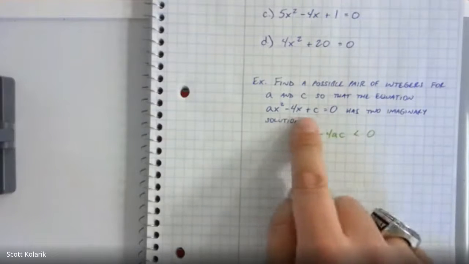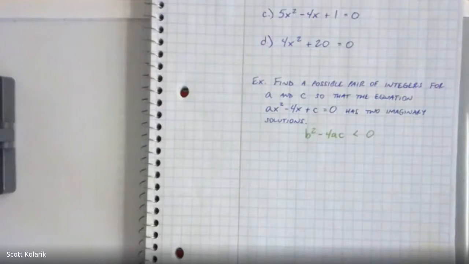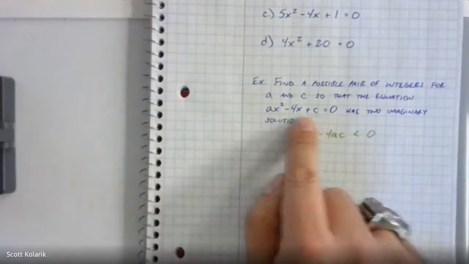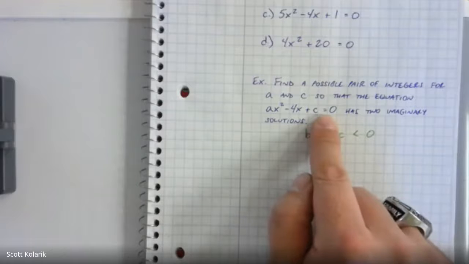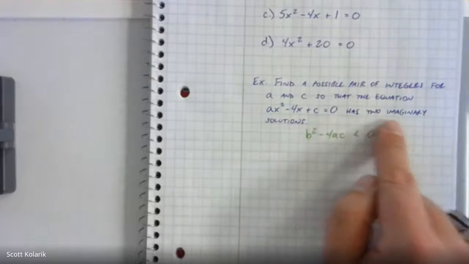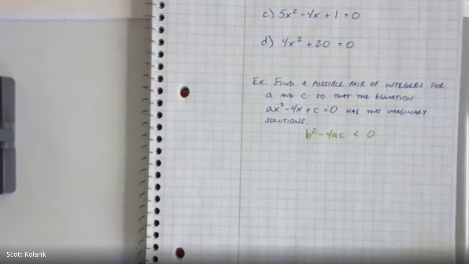But I need to do it so that there are two imaginary solutions. What does that mean? Visually, that means that whatever this parabola ends up looking like on the coordinate grid, it has to completely miss the x-axis, therefore having no real solutions and instead having two imaginary solutions.